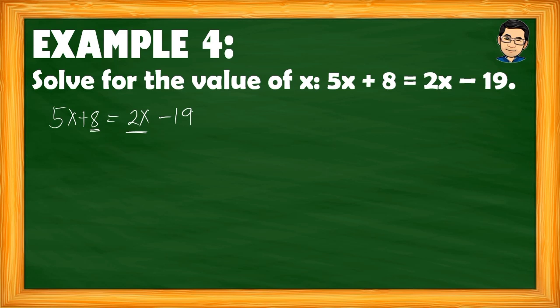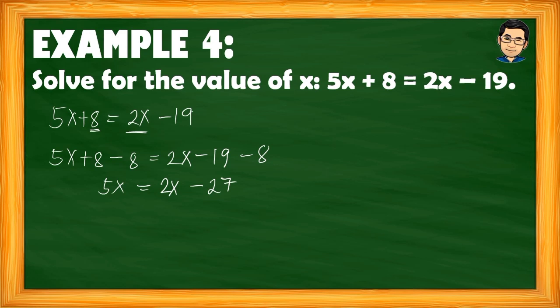So, ang gagawin natin, 5x plus 8 minus 8, of course, and then equals 2x minus 19 minus 8. And then magiging 5x, so 8 minus 8 is 0, equals 2x, and then negative 19 minus 8 is negative 27.